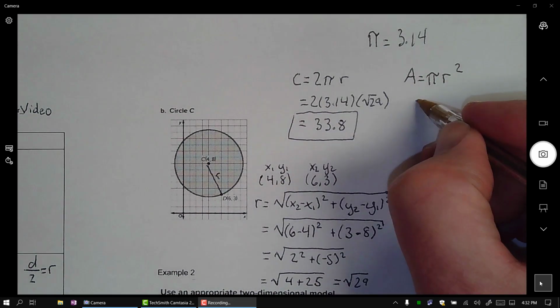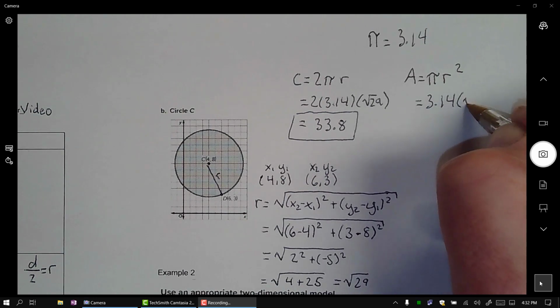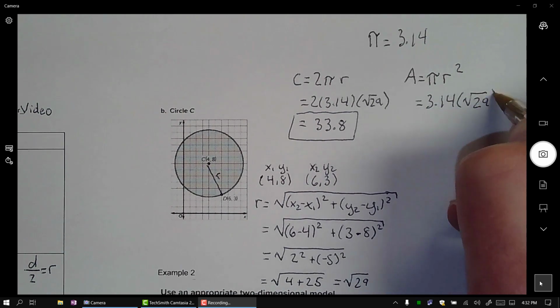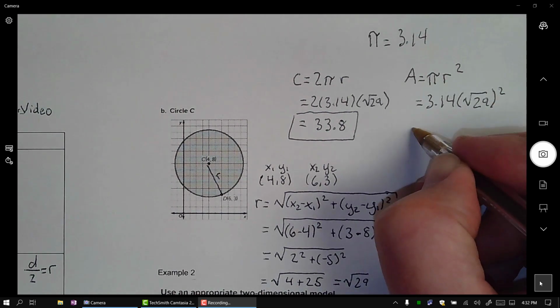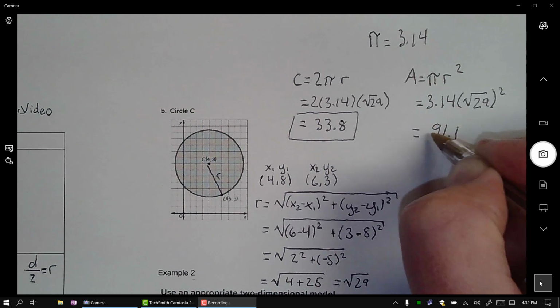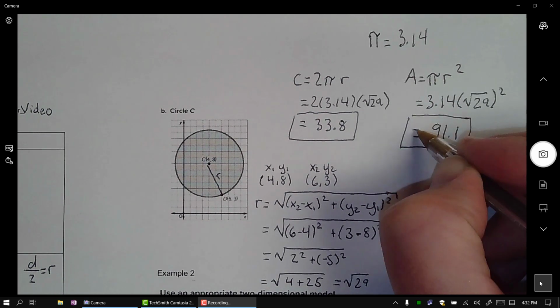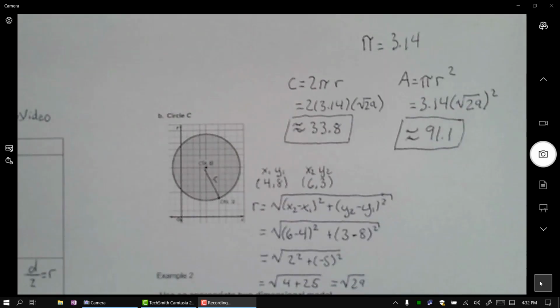For area, this is going to give me 3.14 times the square root of 29 squared. When you square the square root, you just get the number that's inside. So this is going to be 29 times 3.14, which is 91.1. Of course, these are approximations.